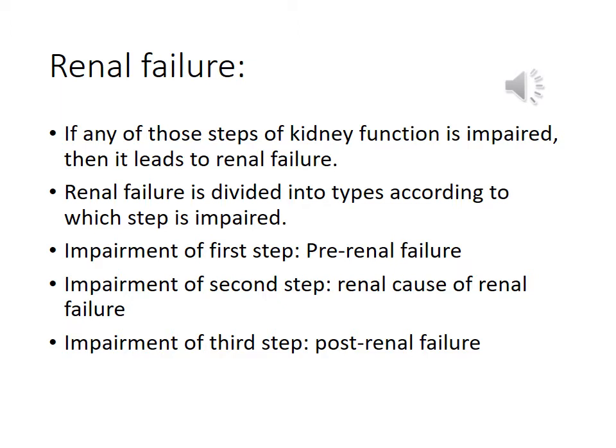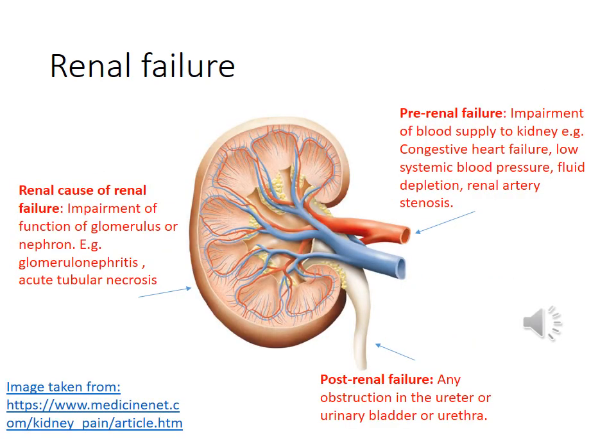If the first step is impaired, it's called pre-renal failure. If the second step is impaired, it's called renal cause of renal failure, and if the third step is impaired, it's called post-renal failure. We will discuss the causes of renal failure.